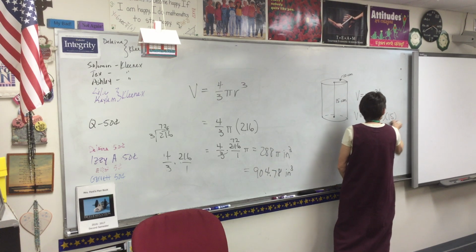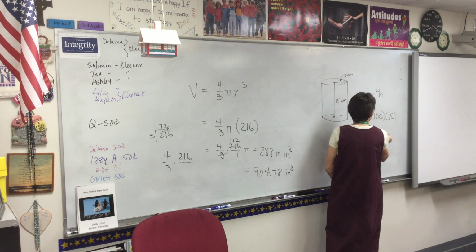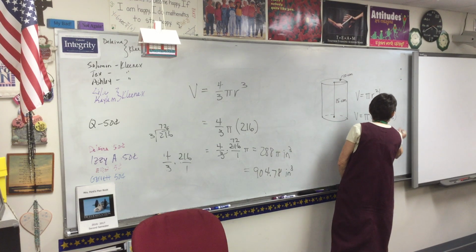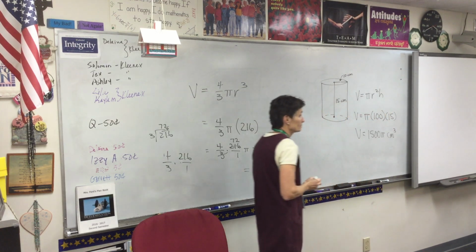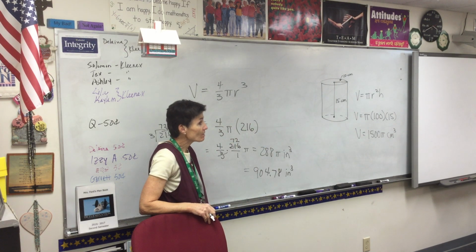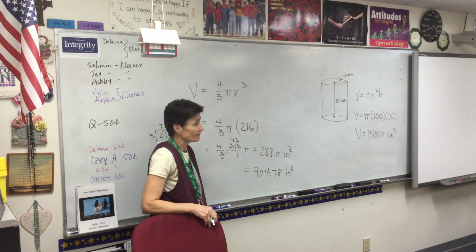So if we're doing this exactly, it'll be 1,500 pi cubic centimeters. Because it's a volume. Volumes are cubic. Areas are squared. So on the quiz you take on Monday, everything will be square units because you're in areas.